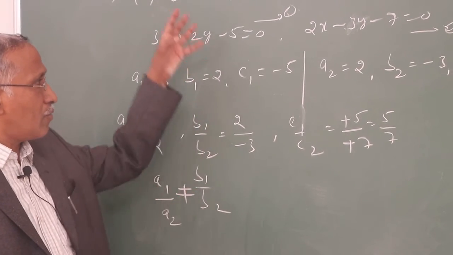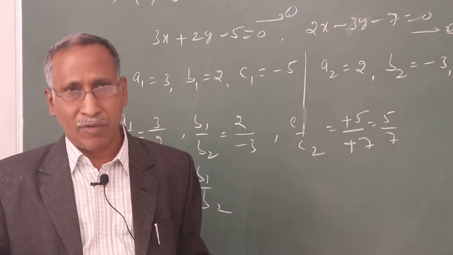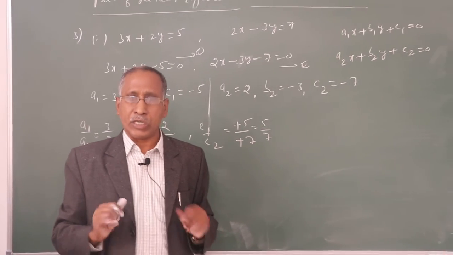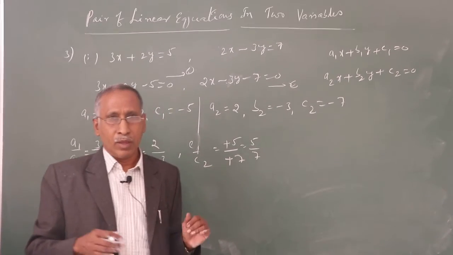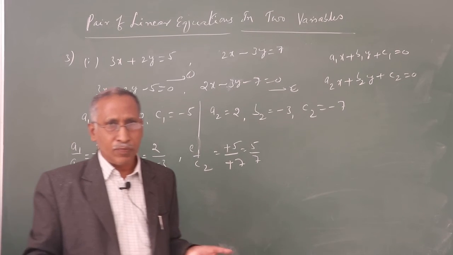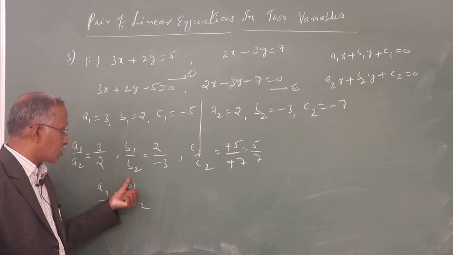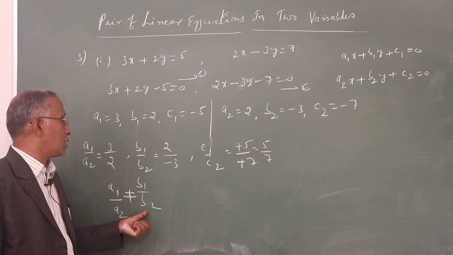This is the way we have to work out some more sums. Every sum, find out a1, b1, c1, a2, b2, c2. You can find the ratios of a1 by a2, b1 by b2, c1 by c2. Based on the condition, you can find out. If a1 by a2 is not equal to b1 by b2, then we say that they have unique solution, they are consistent.